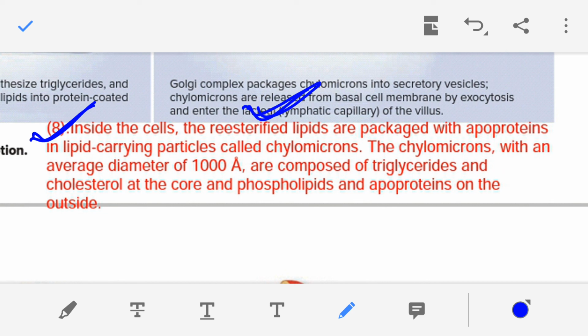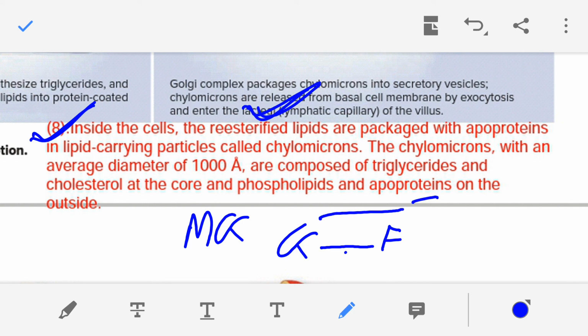Re-esterified means, let's say we have monoglyceride. In the structure of monoglyceride, we know there is a glycerol and a fatty acid, and between the glycerol and fatty acid there is an ester bond. And if we add two more fatty acids to this monoglyceride, these are new ester bonds.